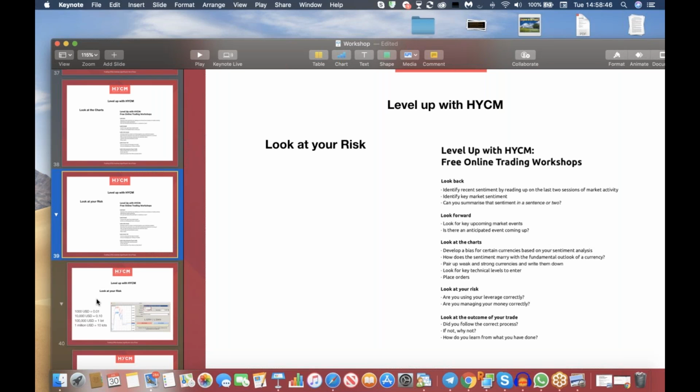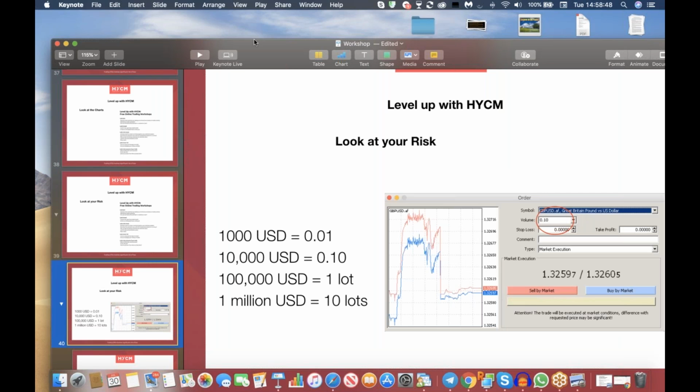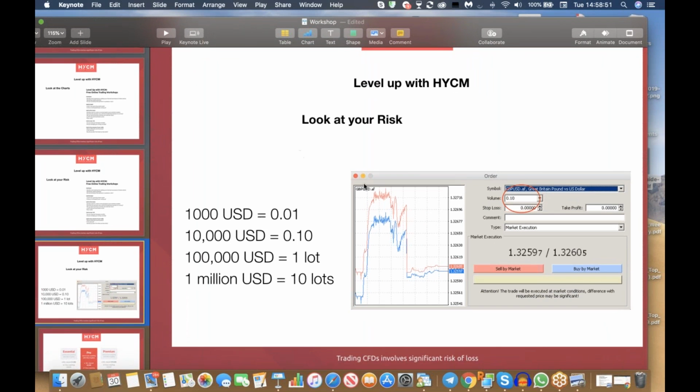I advocate not risking more position size wise than you have in your account. So if you've got a 1,000 US dollar account, to trade without leverage would be to trade 0.01 micro lot. That's the level of leverage. With my fund who I trade with, I can only use leverage of 1 to 2. So I can only use leverage that is double a non-leveraged position.